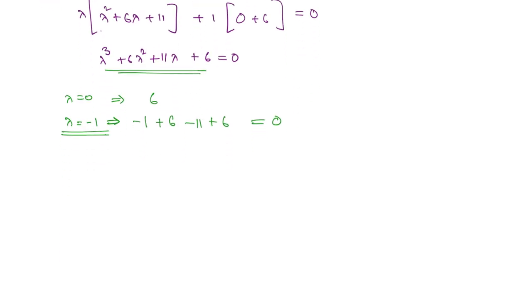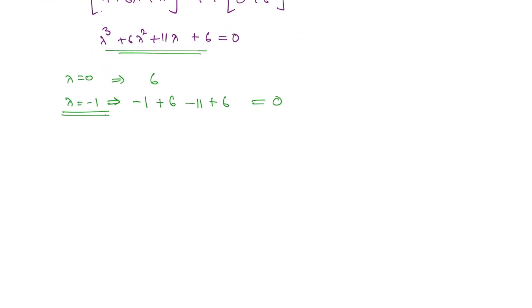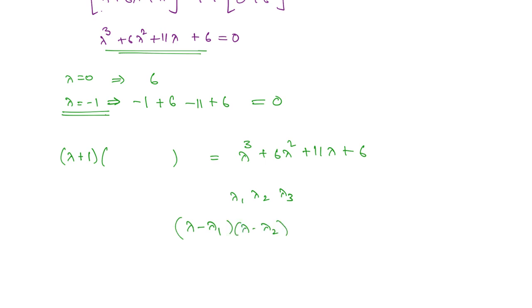Now once we have one root, how do you find the other two roots? We can say that (lambda plus 1) into some function is equal to lambda cube plus 6 lambda square plus 11 lambda plus 6. This equation you can write in terms of its roots: if lambda 1, lambda 2 and lambda 3 are roots, then you will write (lambda minus lambda 1) into (lambda minus lambda 2) into (lambda minus lambda 3).